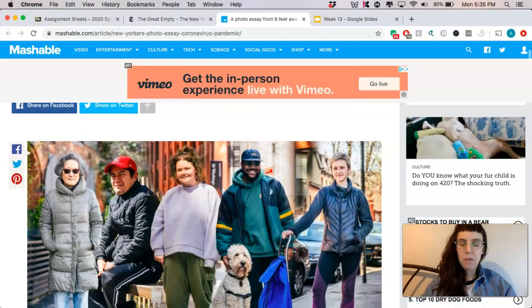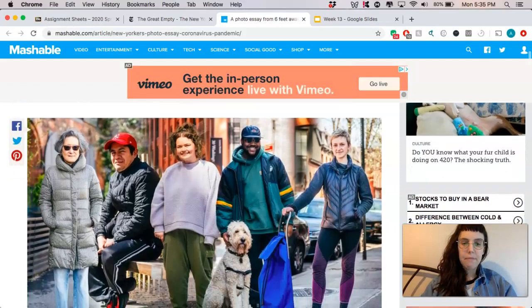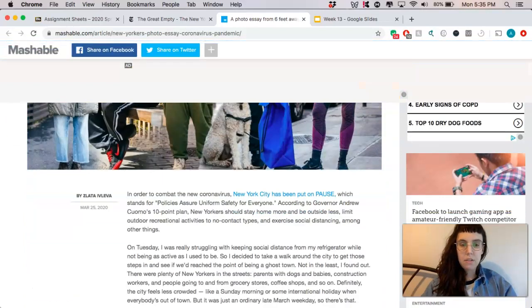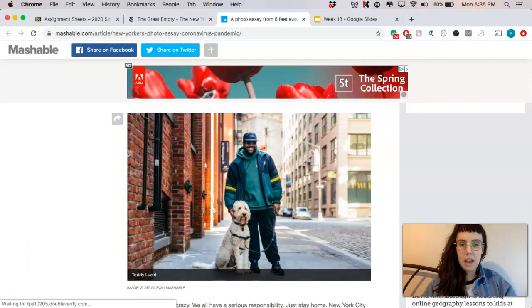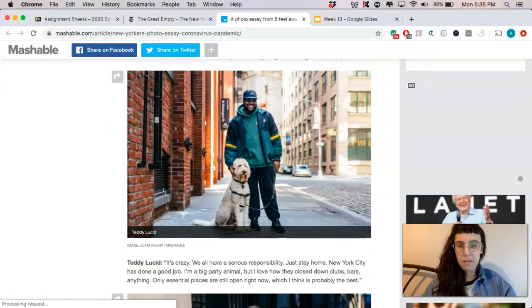So they walked around and interviewed different people, and they have the picture of the person and then the person's quote underneath. So we have the written introduction, and then the person they interviewed and a quote from them underneath.